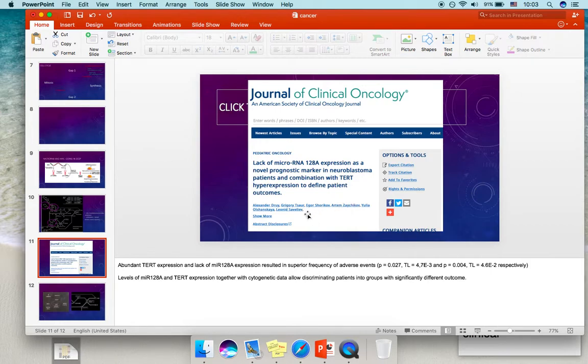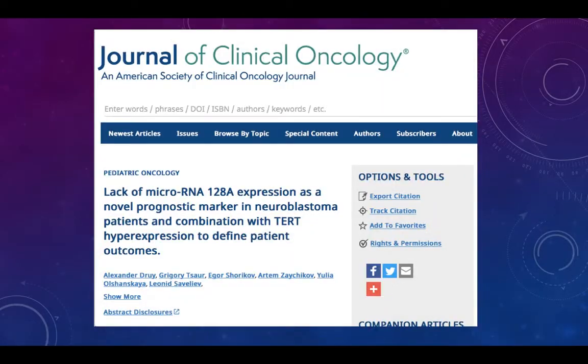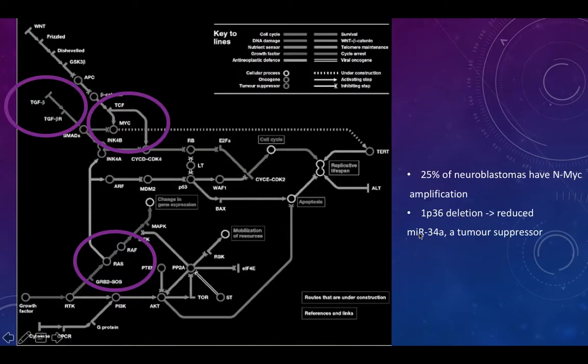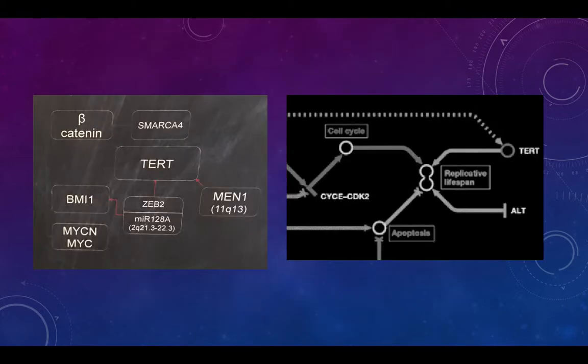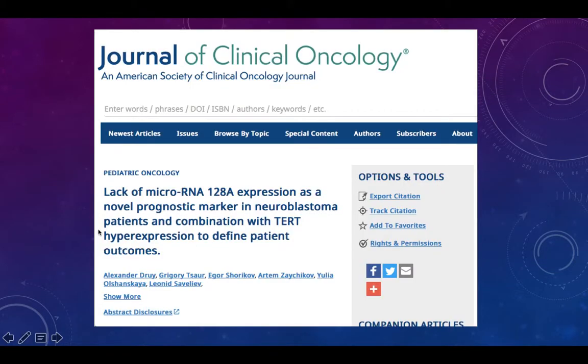Okay, so let me explain now. You can think of microRNA 128A as a bit like microRNA 34A. It is also a tumor suppressor microRNA. The lack of it results in loss of tumor suppressor activity, which then increases the upregulation of a molecule called TERT. Now, it's not very well known how TERT feeds into the cell cycle, but we do know that TERT is associated with poorer prognosis, as he also shows in his paper.